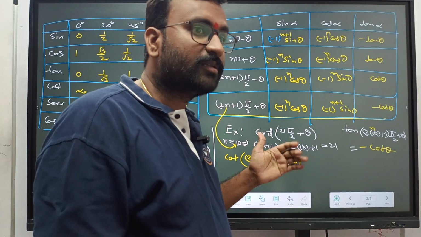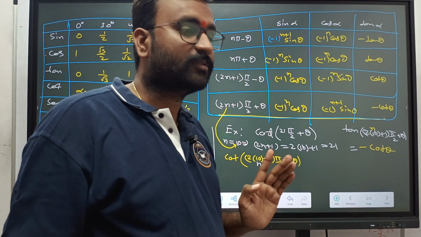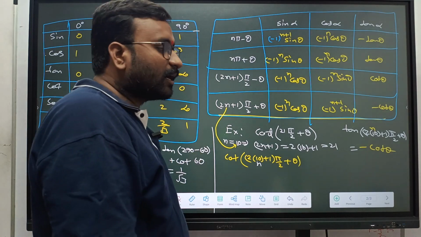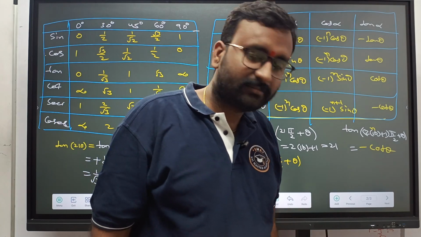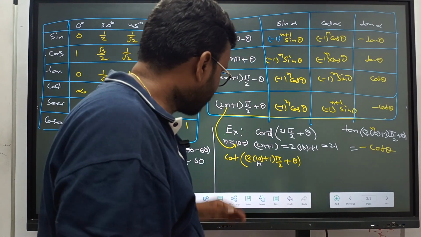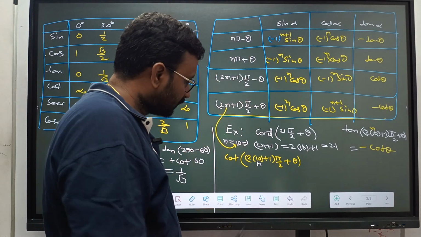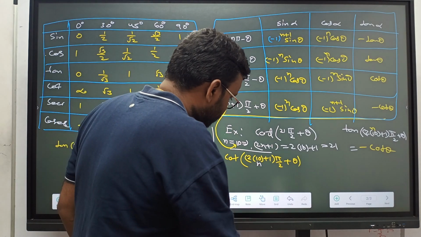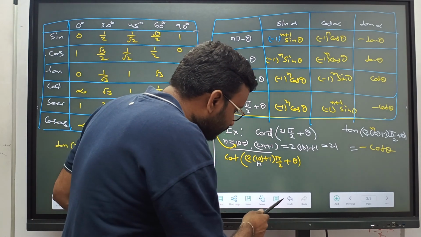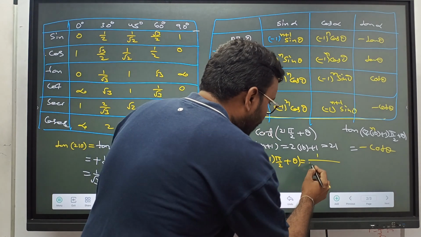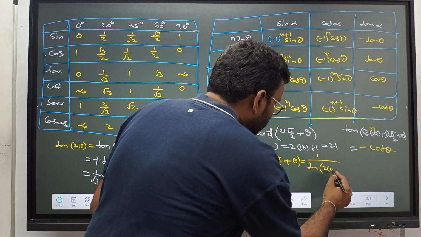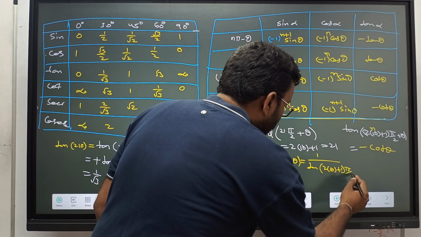If you know this table, it is this easy to find the solution. What about cot, sir? Cot is the reciprocal of tan. Generally, what is the answer for tan? Minus cot theta. So I write this as 1 by tan of 2 into 10 plus 1 into pi by 2 plus theta.